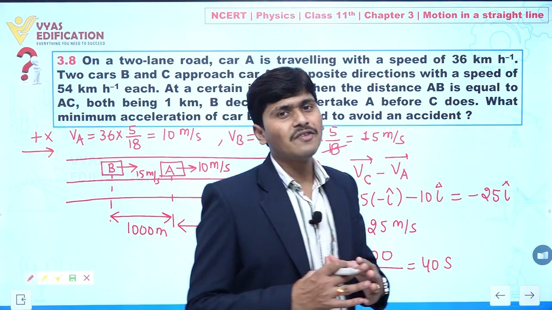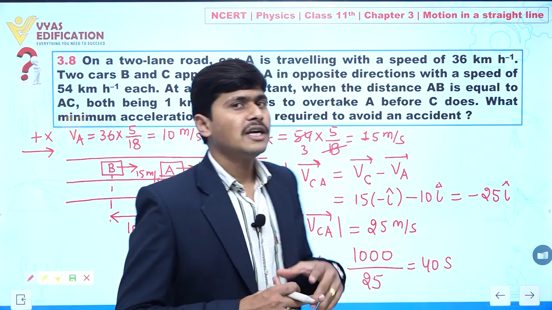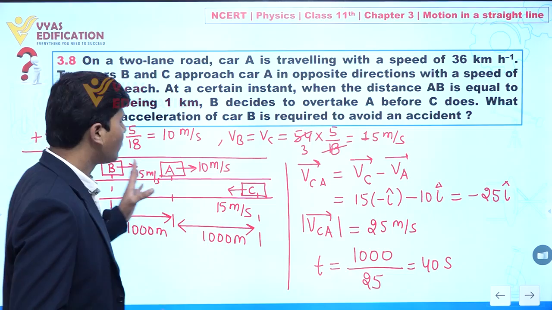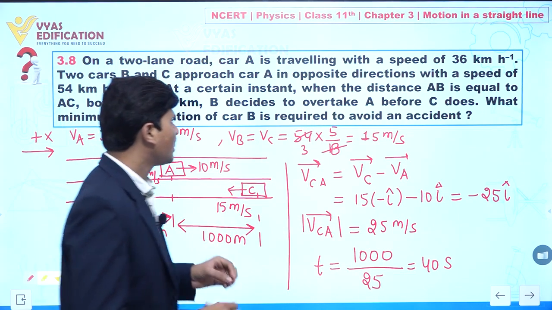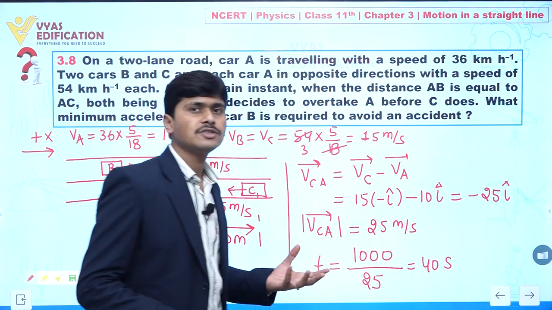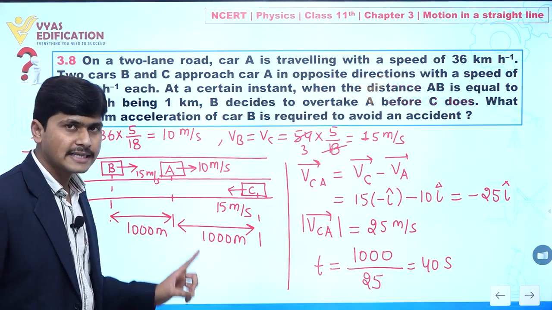So if we want to avoid an accident, car B has to overtake car A before 40 seconds, yes or no? Our objective here is to calculate the minimum acceleration.